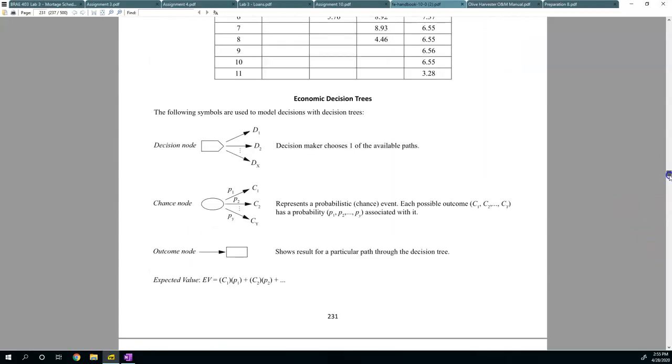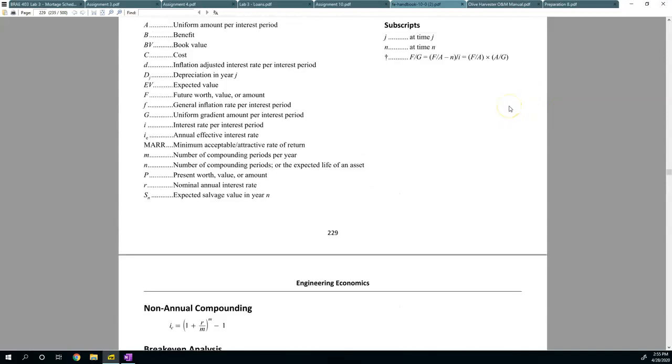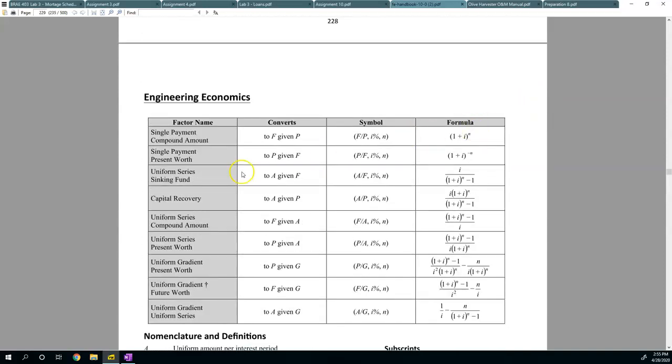But you could always go to the formulas. Instead of using the tables for the discount factor, you could use the P over A formula, plug in the interest rate of 0.15, and solve for the n that gives you the discount factor you're looking for.